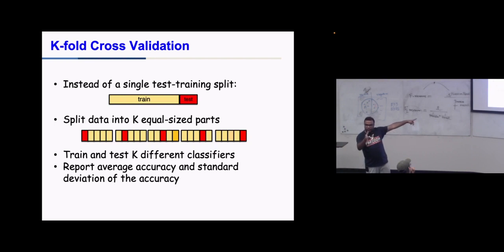Each time while validating, you get 5 different validation accuracies, right? Yes. And whichever gives you the highest validation accuracy, pick that as your final model, and test it on the testing data.